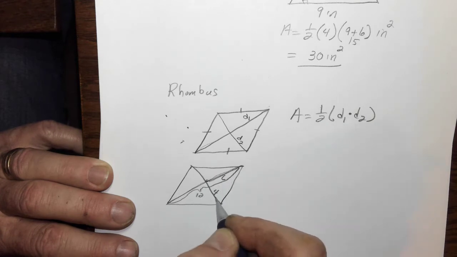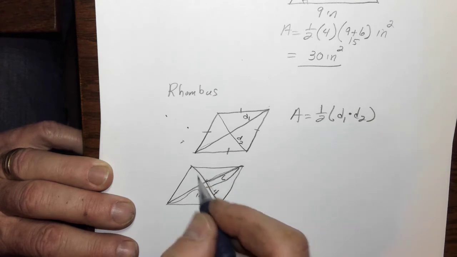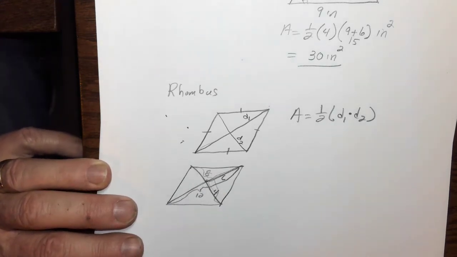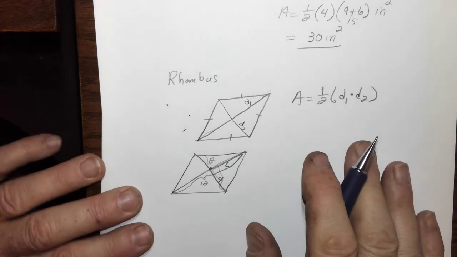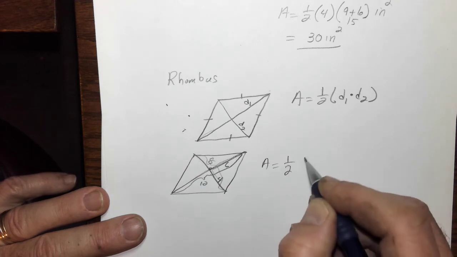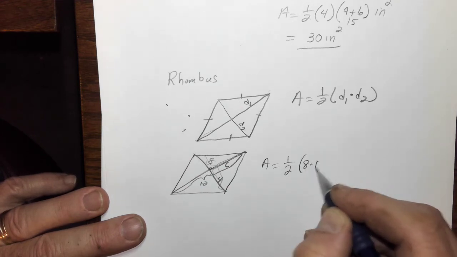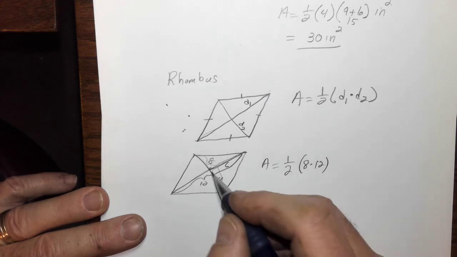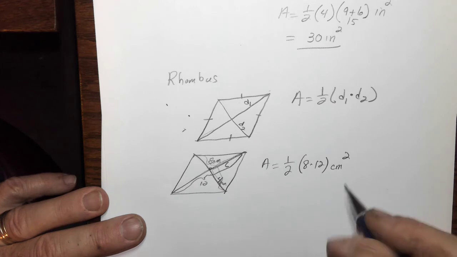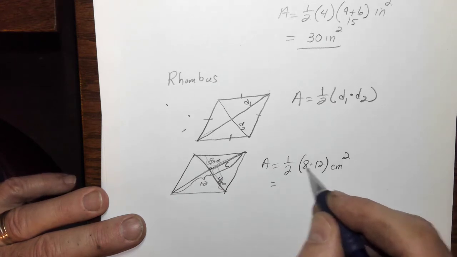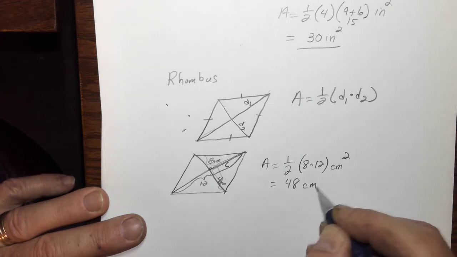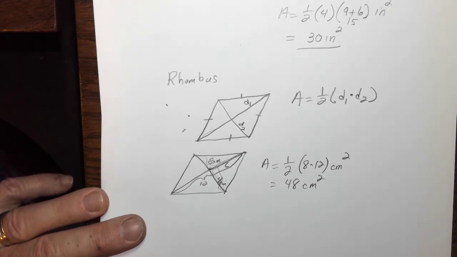This is 4. This has a length of 8 then, because diagonals bisect each other in a rhombus. So I know that the area of this is going to be 1/2 of 8 times 12. And if this was, say, centimeters, it would be centimeters squared. So you multiply it out, 8 times 12 is 96. Half of 96 is 48 square centimeters. And there's your answer for that one.